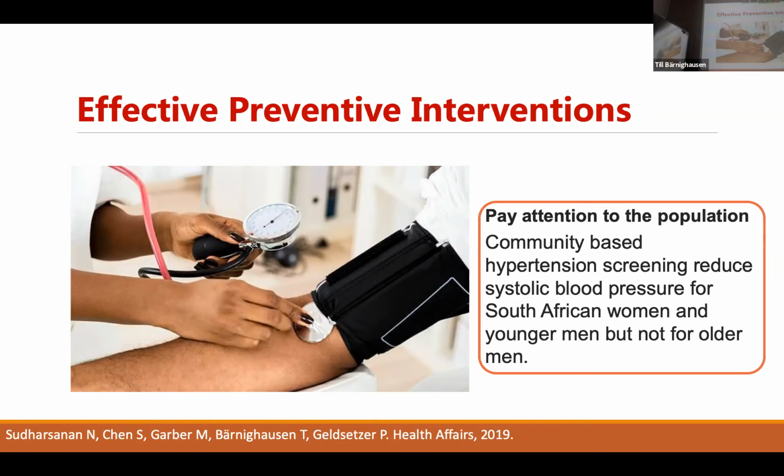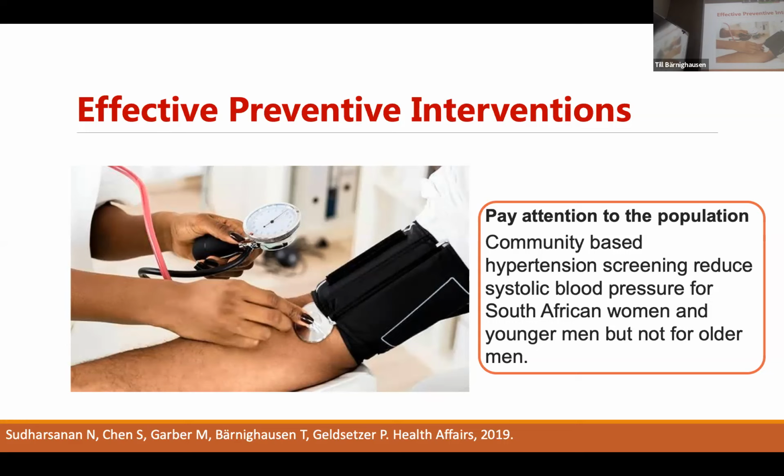This study shows that community-based hypertension screening also reduces systolic blood pressure for South African women and younger men, but not for older men. So when we do research, we also need to define what population we are focusing on. Maybe this intervention fits one population, but it may not fit another population.